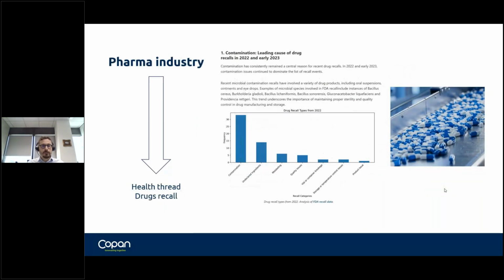The last example where environmental monitoring is extremely important is the pharma industry.